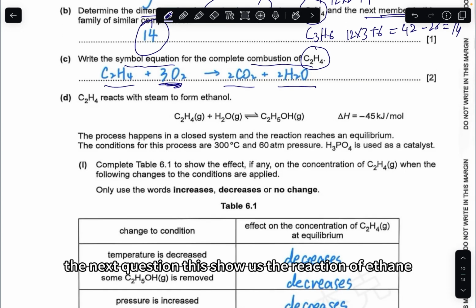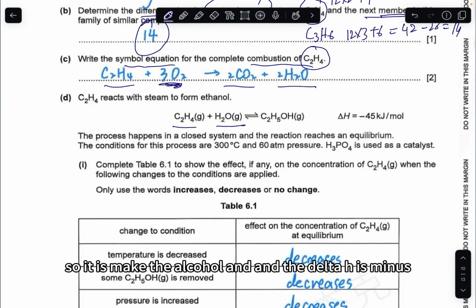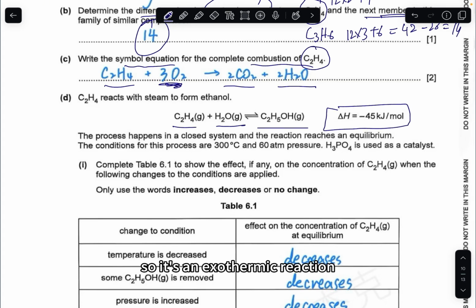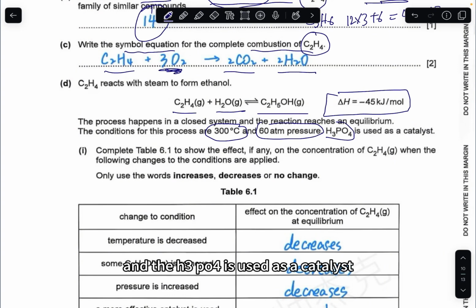The next question shows us the reaction of ethene with steam. It makes the alcohol, and the delta H is minus, so it's an exothermic reaction. The conditions for this process are 300 degrees temperature and a pressure of 60, and H3PO4 is used as a catalyst.